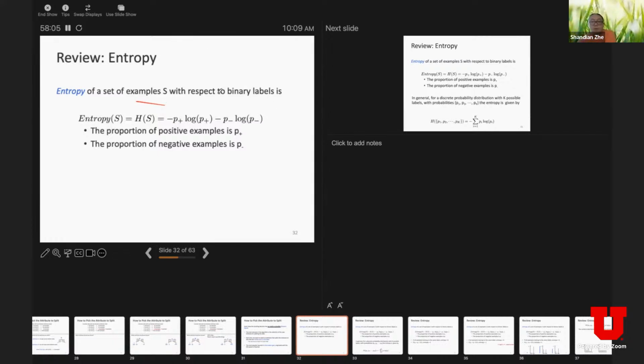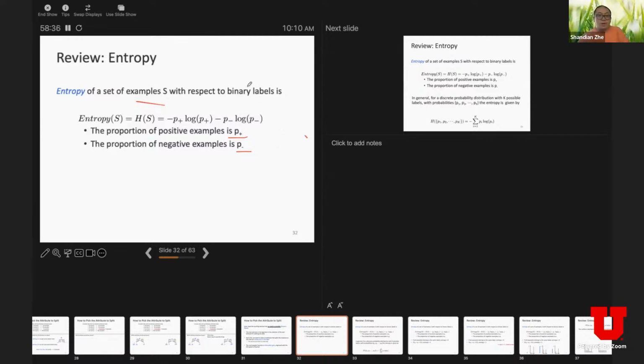If your labels are binary, I compute the proportion of positives, denoted by P positive, and the proportion of negatives, denoted by P negative. Suppose you have 100 examples, 80 positive, 20 negative. Then P positive is 80 over 100, which is 0.8, and P negative is 0.2.